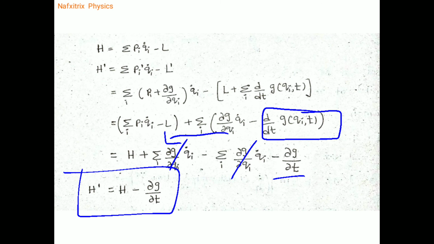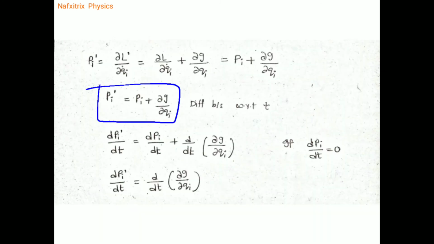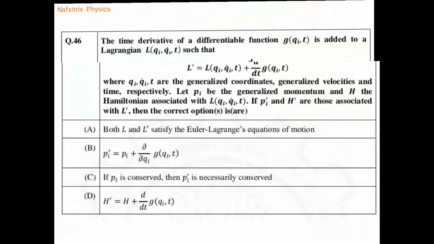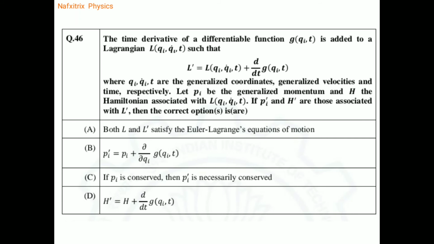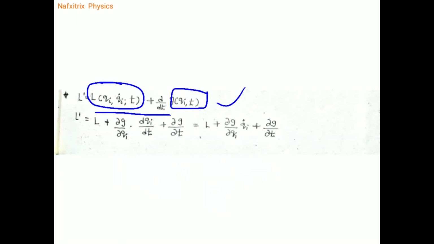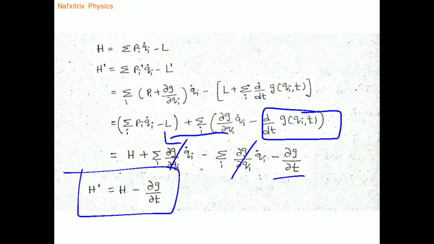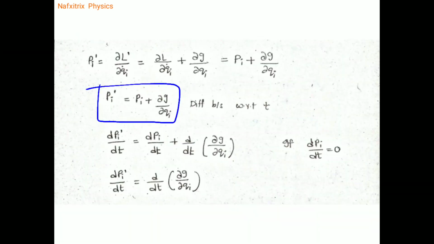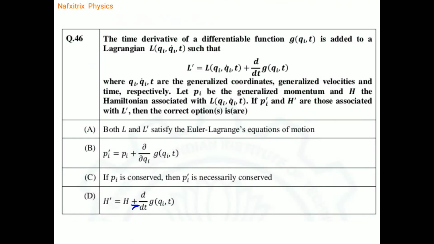So now we need to check for the correct options. Actually H dash we have got is H minus ∂g/∂t. So here you can see it is H minus, not H plus. And next, pi dash is pi plus ∂g/∂qi.